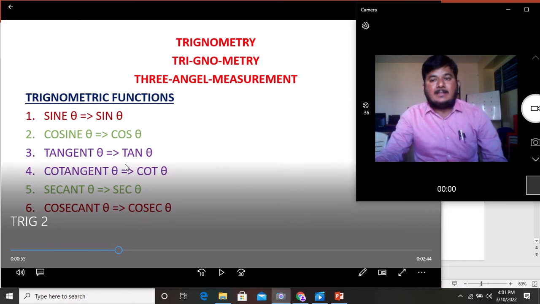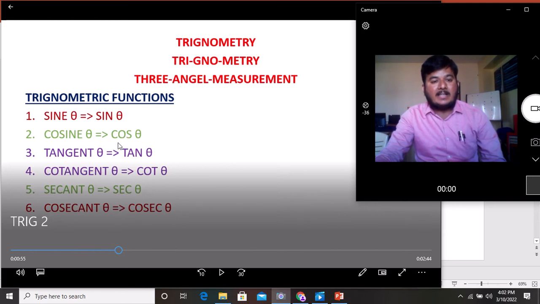So as I told you, in order to simplify, we take only three letters of sine and call it sin theta. Similarly for cosine, we take three letters and call it cos theta. Tangent is tan theta, cotangent is cot theta, and secant is sec theta.